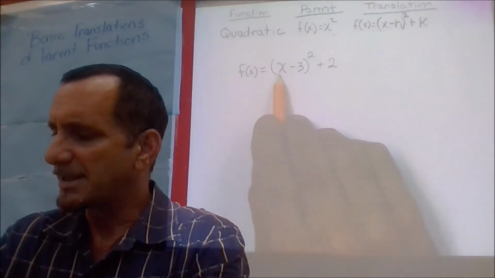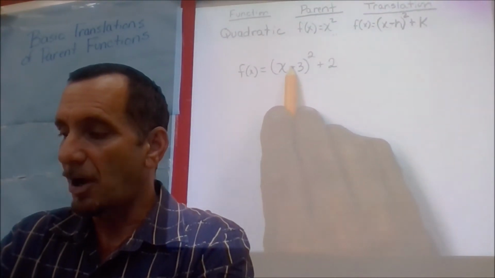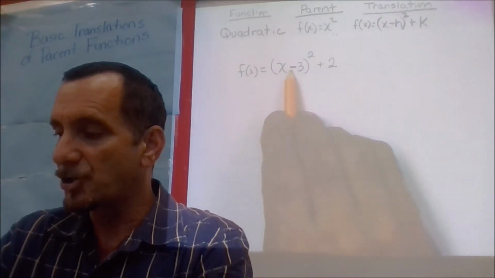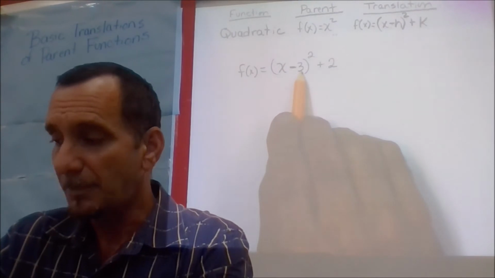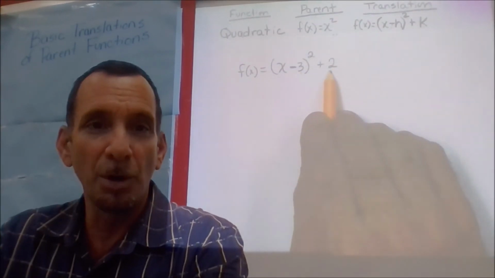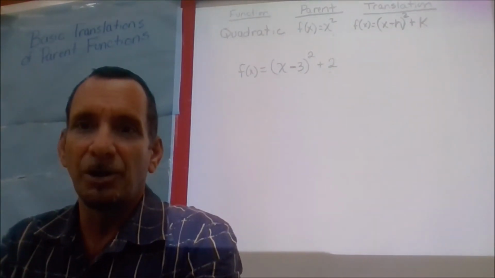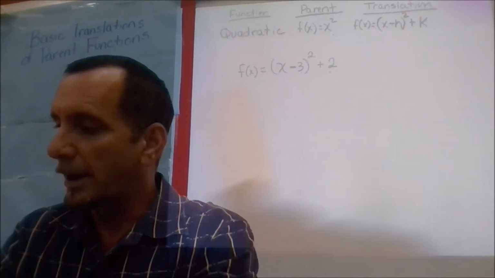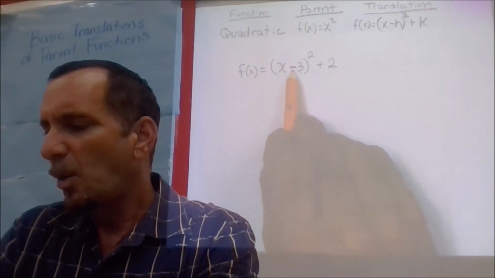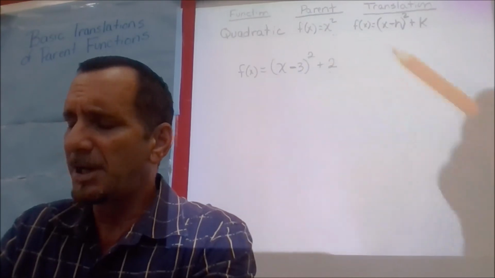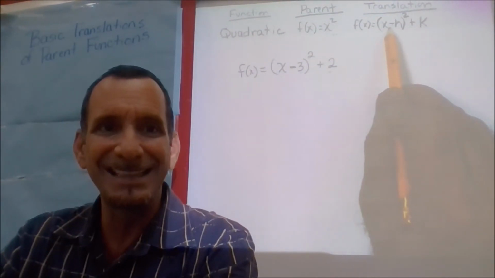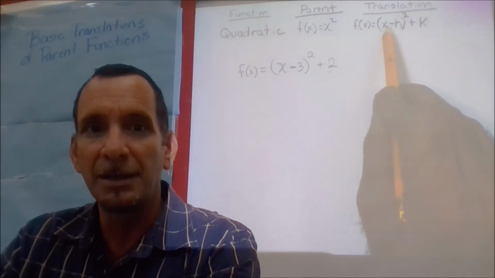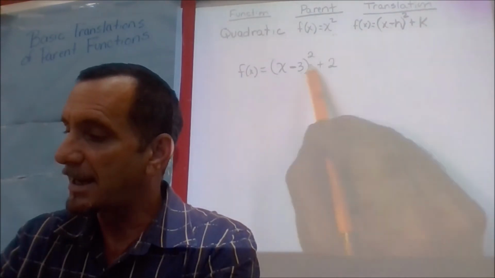Now, because it's x minus h and there's already a subtraction here, it's going to shift left or right 3 units and up or down. Now, the way I look at it, and it's not the most technical way, is I always say, well, -3, you would think it goes left, but because there's a negative in the formula already, the h is a 3.